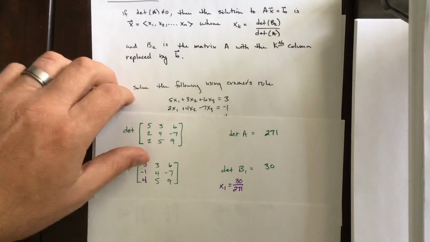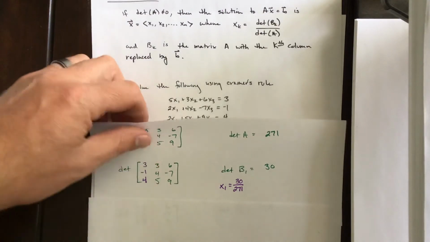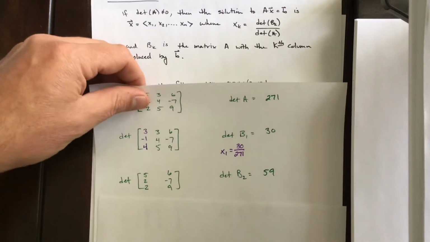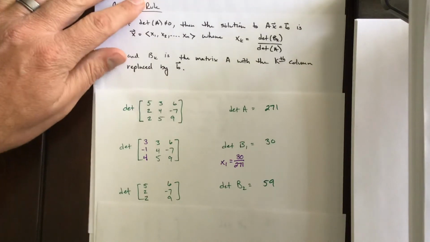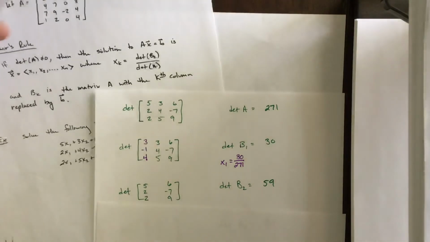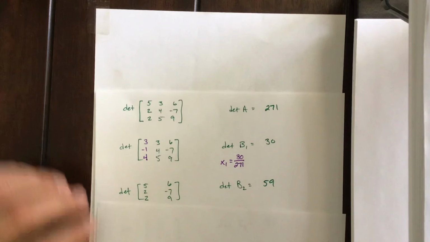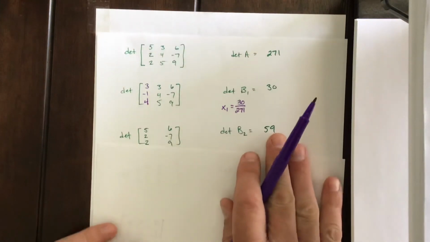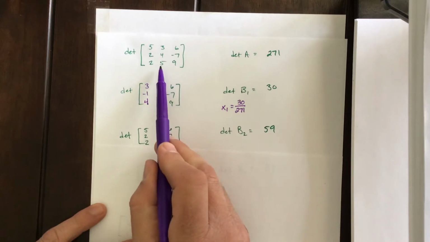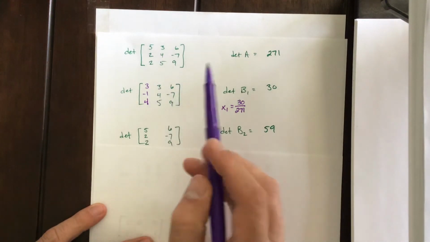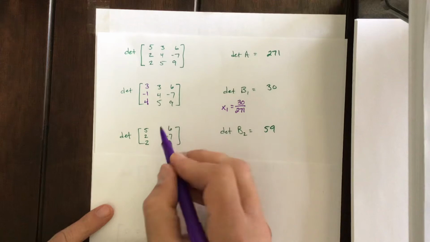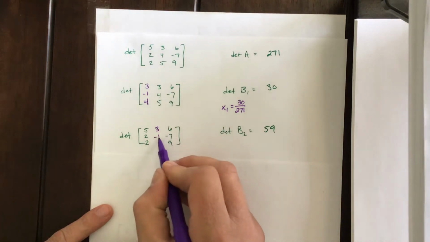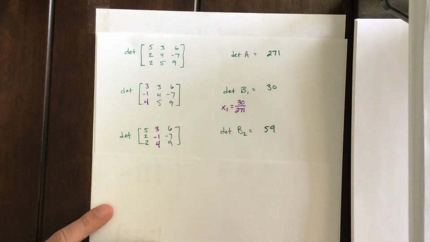Okay, what about x2? To find x2, you take the matrix A and you delete column 2, and you replace it with the right-hand side vector, that's 3, -1, and 4.